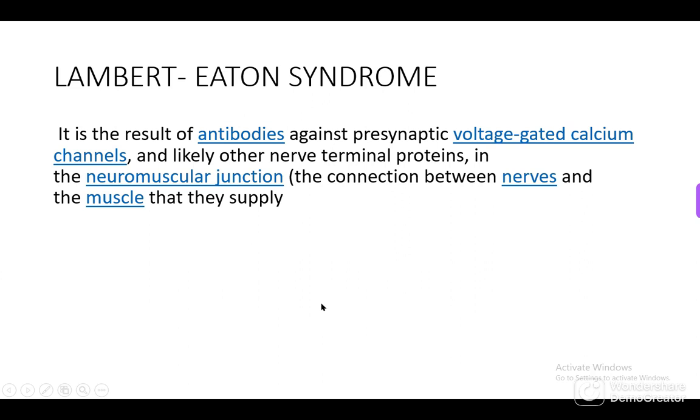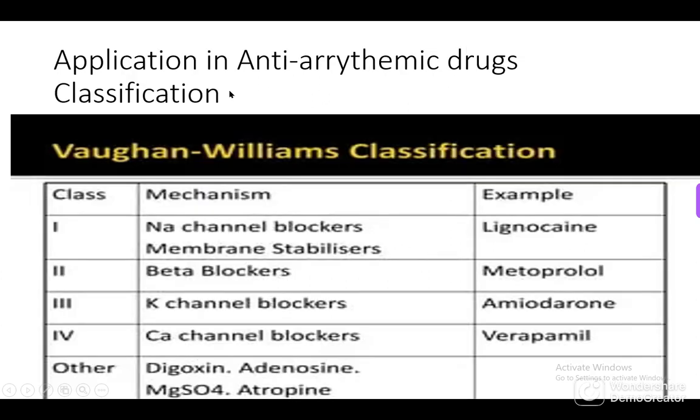In myasthenia gravis it will decrease; in due time, 3 or 4 minutes, the patient becomes tired. Here he will become more active. In the beginning he is weak, and after 1 or 2 minutes he will be better and better. It is just the reverse. It's the antibodies against presynaptic channels. It is a disease associated with what we call paraneoplastic syndromes. That is the application, a fine application.